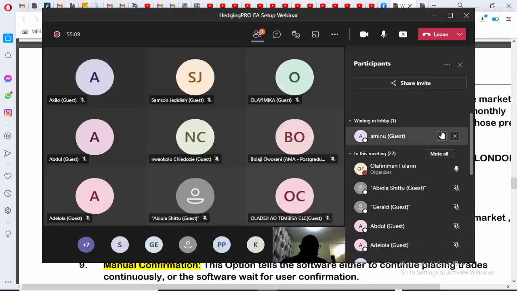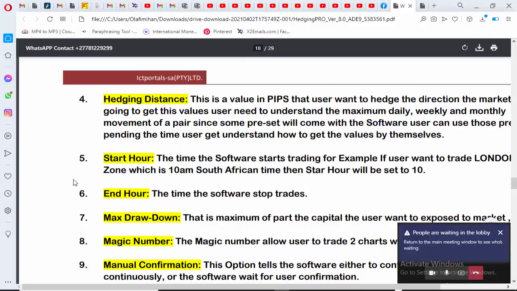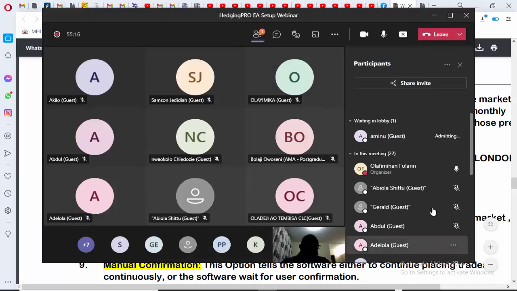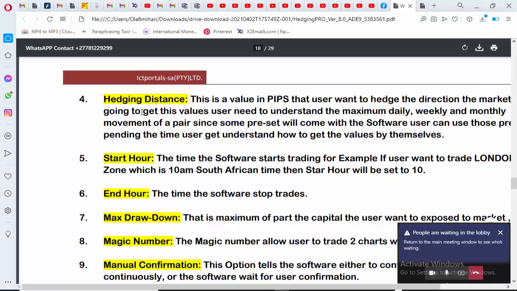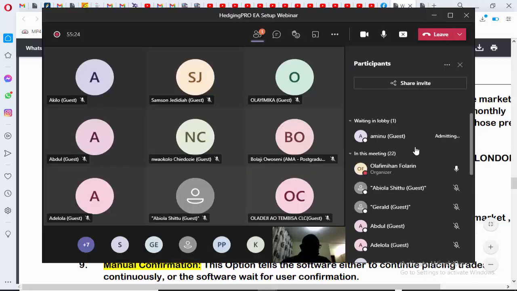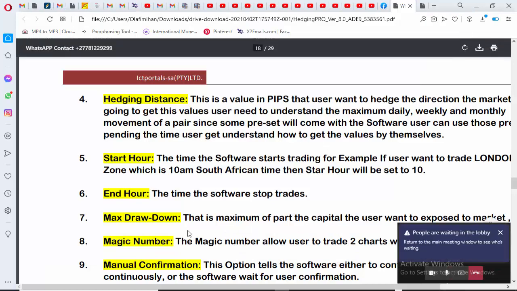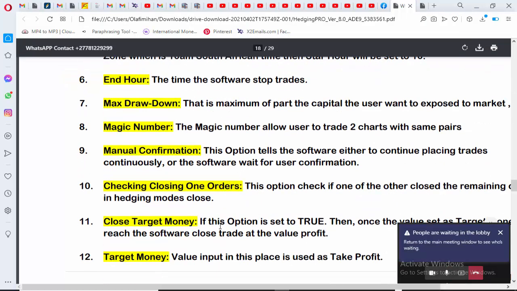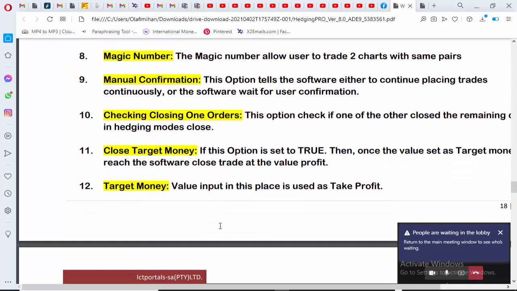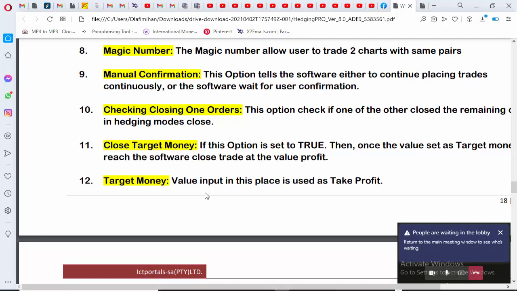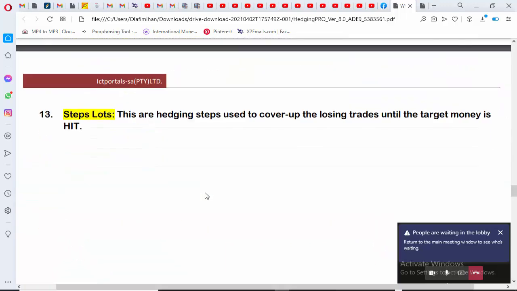Some people are on. Let me accept them. Okay. So we can see I've explained edging distance, starting hour, end hours, maximum drawdown, magic number, manual confirmation, checking one order, close target money, target money, step lots.